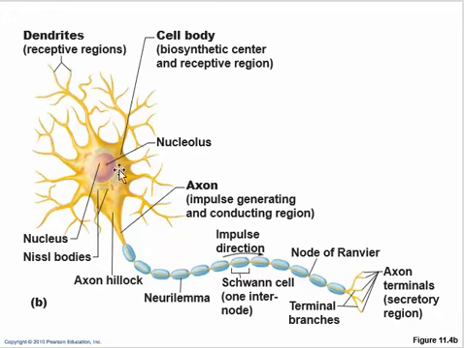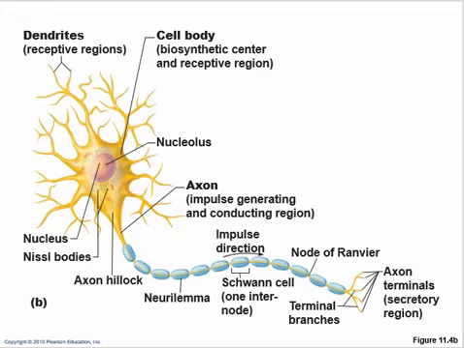So there's the nucleus, and the nucleolus is where ribosomes are made, so there's a lot of those needed because these things produce the neurotransmitters that are used with every nerve impulse.